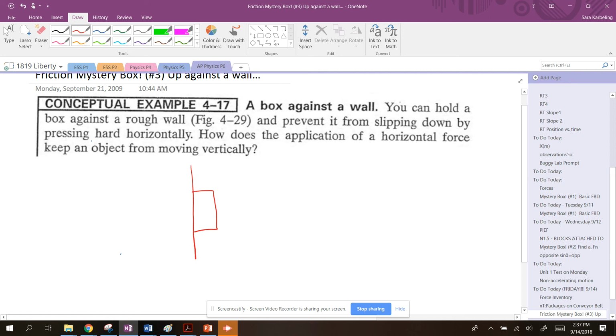Talk to your table mates if you haven't started that conversation already. What forces are acting? Figure it out. You have a whiteboard on your table, except my back friends, but I'll get you one in just a second. Draw a picture for me.